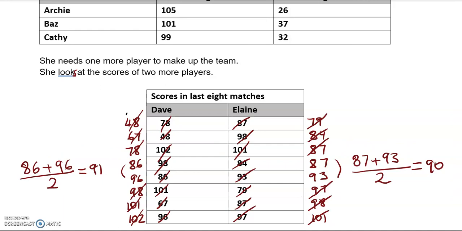So the median is higher for Dave, but if we look at range, which is another thing that she's looking at, for Dave we've got 102, take away 48, which gives us 54.